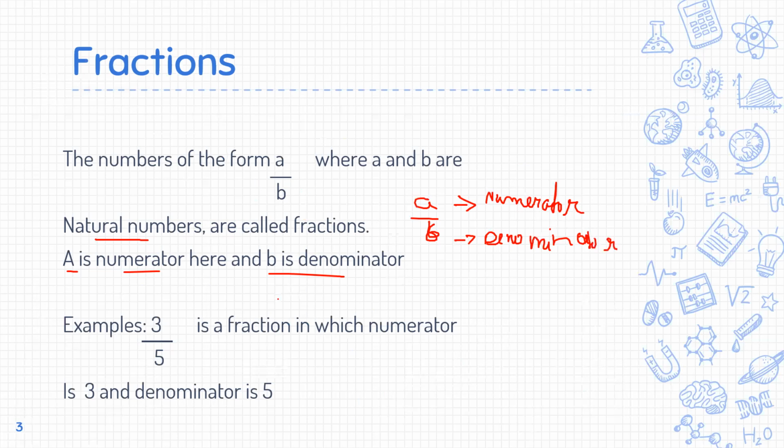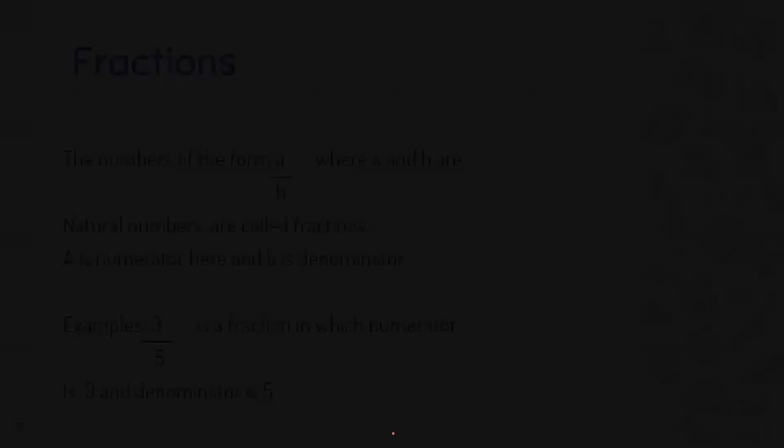We all know about fractions, this form of number, like 3 upon 5, 2 upon 1. The upper natural number is the numerator, and the natural number below is the denominator. For example, 3 upon 5 is a fraction in which the numerator is 3 and the denominator is 5.